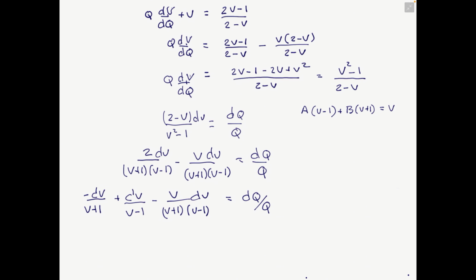If we say v equals 1, we got 2B equals 1, B equals 1/2. Now, A(v minus 1) plus 1/2 times (v plus 1) equals v.